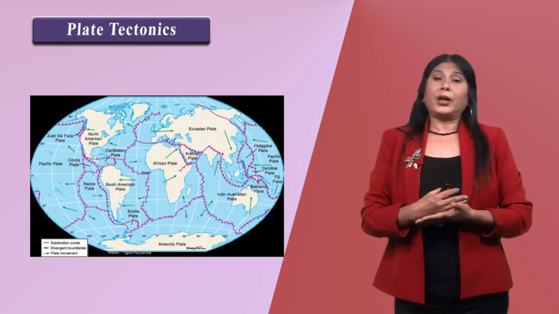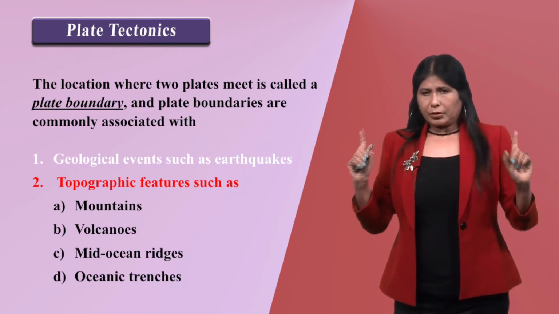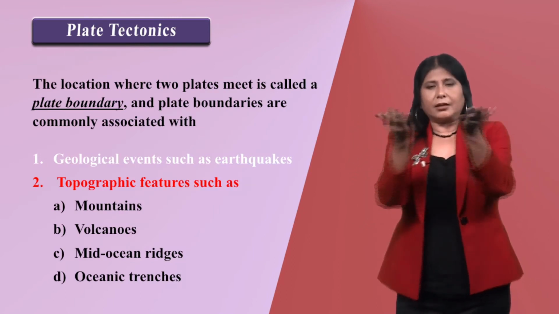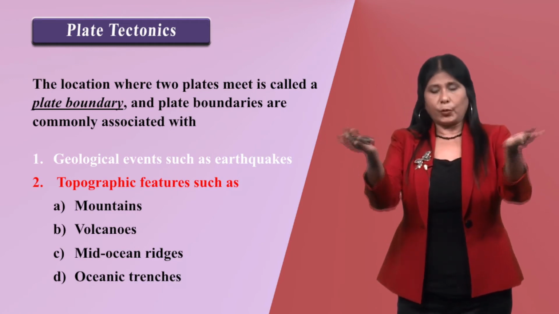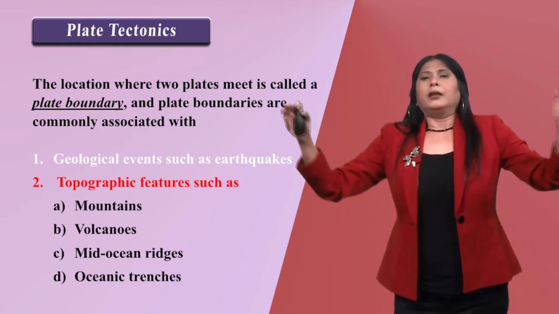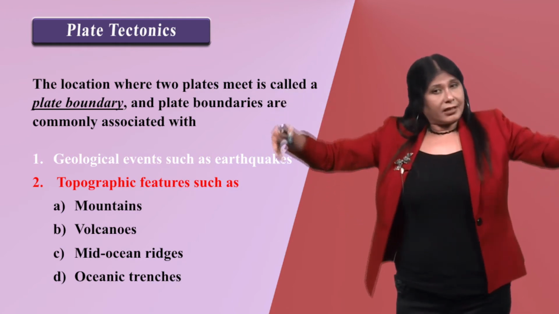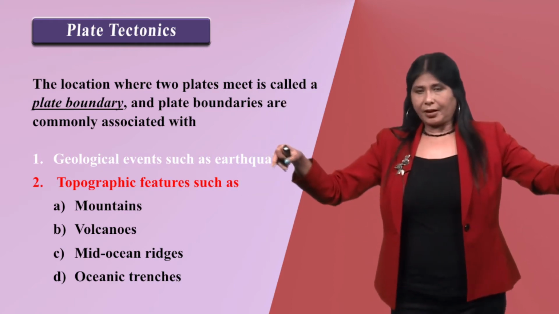Here I would like to make a very, very important point. As of now, we know that spreading is occurring. That is going to be one boundary, where crust is getting created. There is a point where the crust is getting subducted and consumed. That is going to be another.